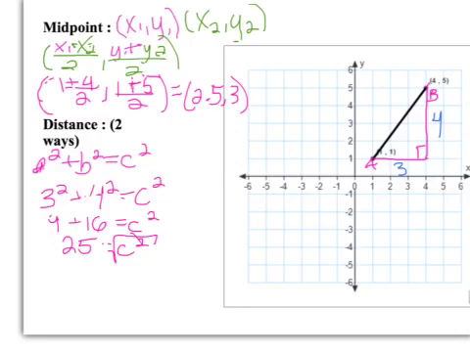Take the square root of both sides, which means c equals 5 units. So this is one way to find distance, but there is a distance formula that you will need to know.